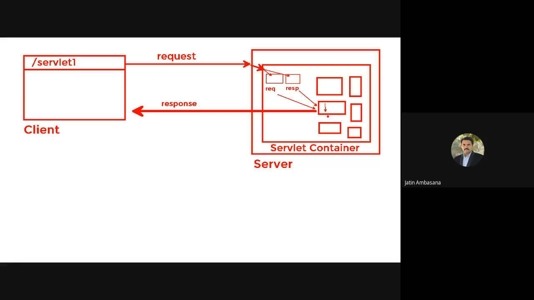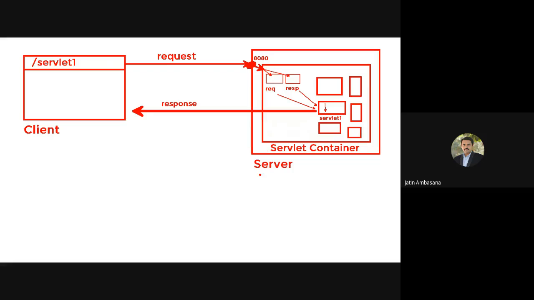Now see, this is suppose the servlet 1. What happens when you put the URL into the client side? You generate a request, and that request goes to the server on some particular port number, right? For example, the port number that we will be using would be 8080.